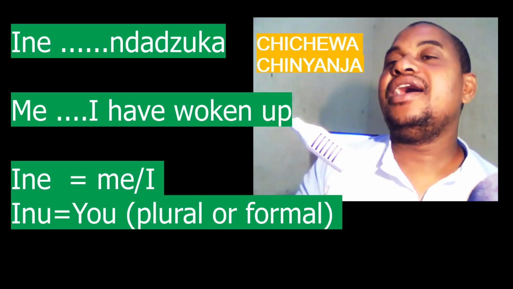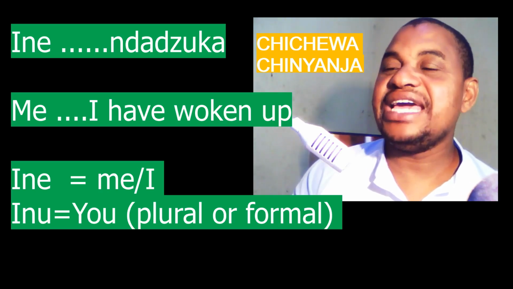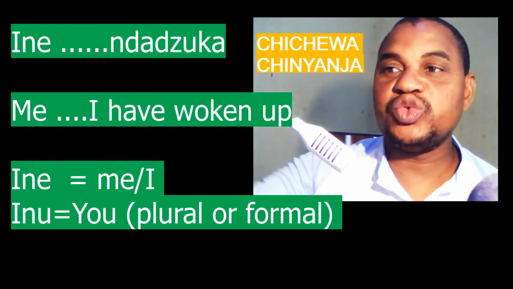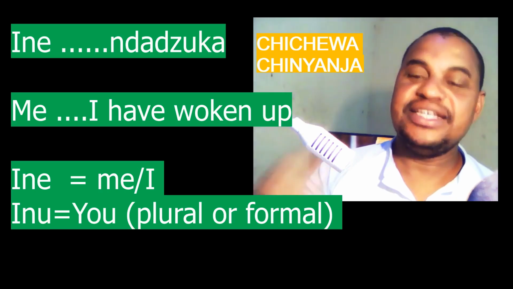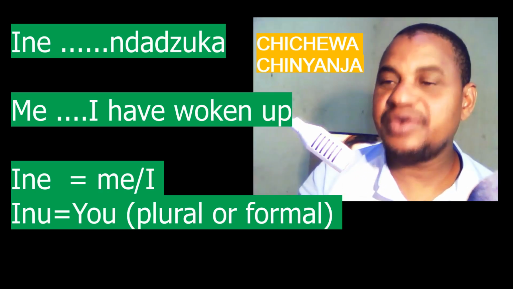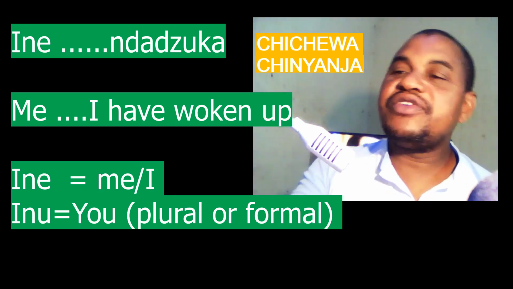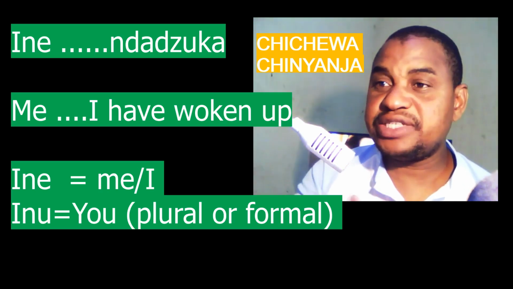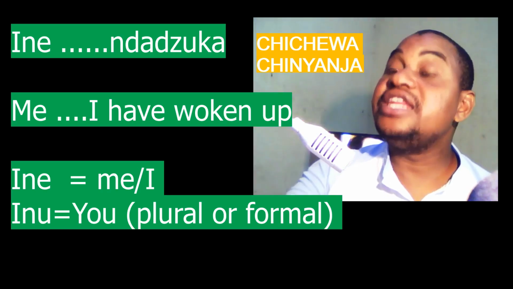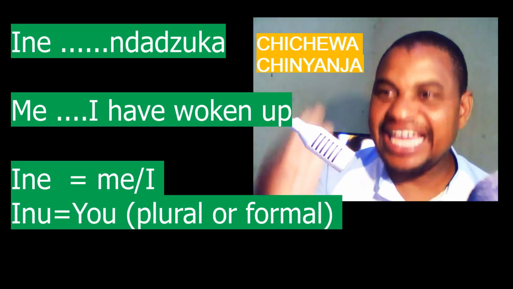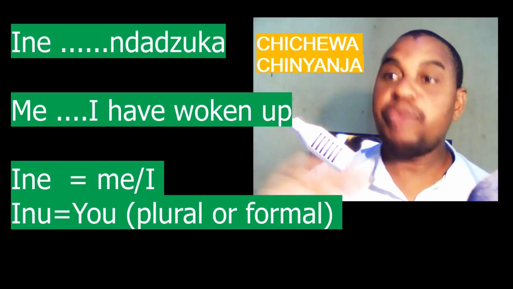But now in this case, when they say ine ndadzuka, okay? Ndadzuka, you see, they're starting with nda, okay? So every first person after the first personal pronoun, the verb that comes next needs to be nda, nde, di, like that. That one is positive.